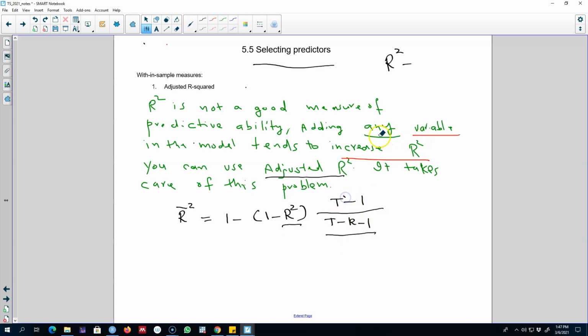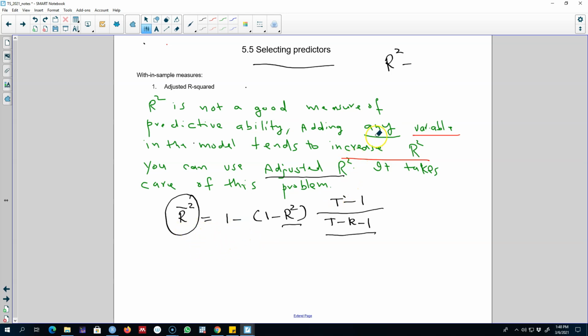That is, as soon as we include a variable in the model, adjusted R squared will penalize the model by the inclusion of that variable, and the value of adjusted R squared will go up only if that variable is actually having a real impact on yt, that is, if that variable is a good predictor of yt. Otherwise the value of adjusted R squared will go down.